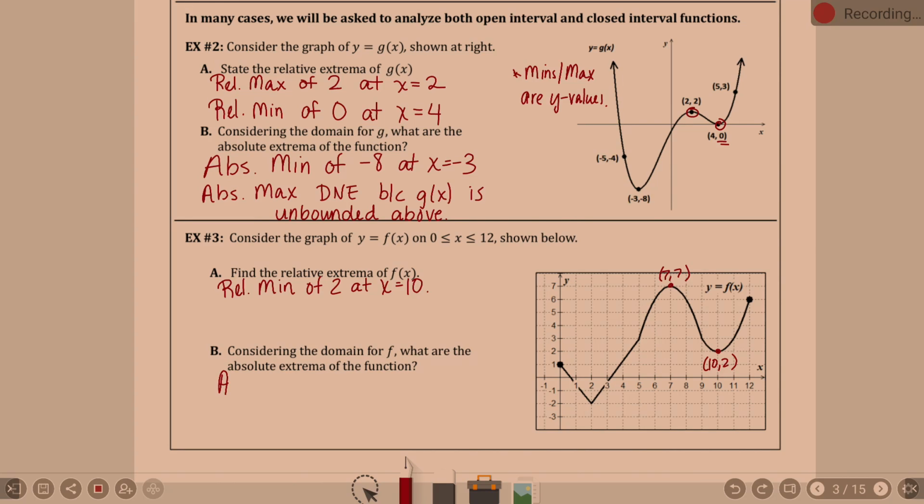There's an absolute max of 7 at x equals 7, and there's an absolute min of negative 2 at x equals 2.